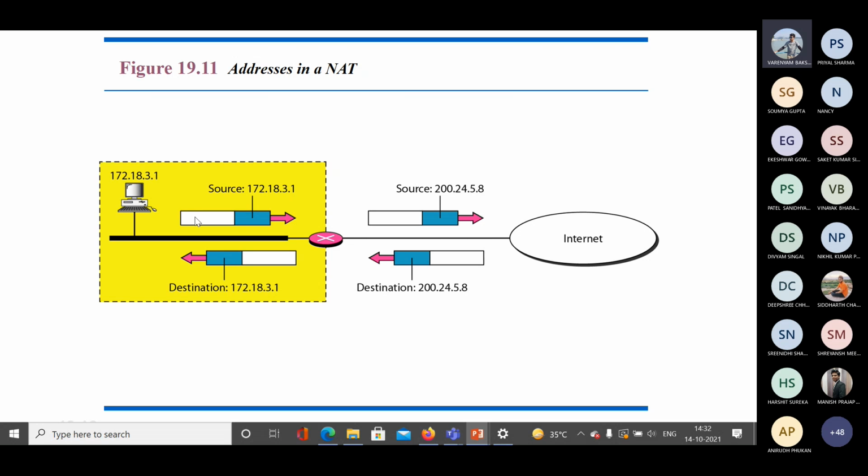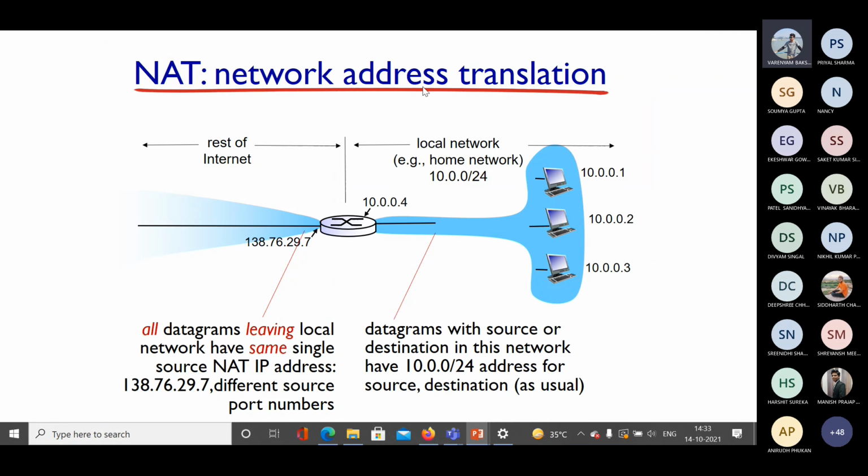Once any packet comes to the NAT router, with the help of the NAT translation table, the destination is converted to the correct host's destination address, that is 172.18.3.1. So after this translation only, it goes to the correct host. Alright, so this is how we had seen it in the last class also.